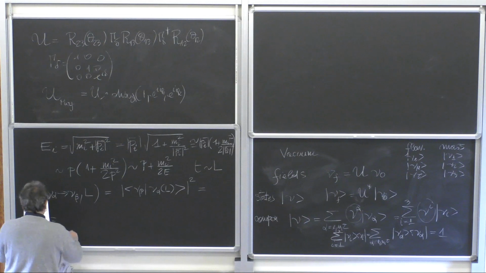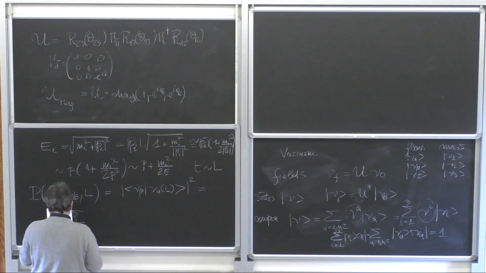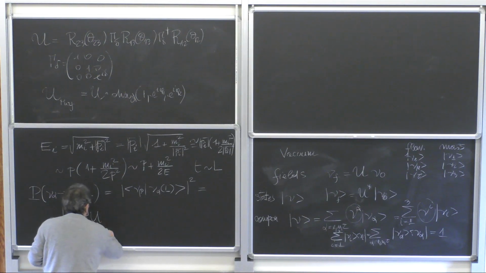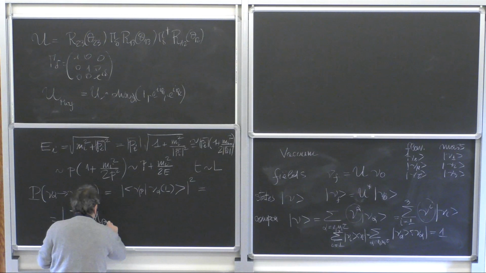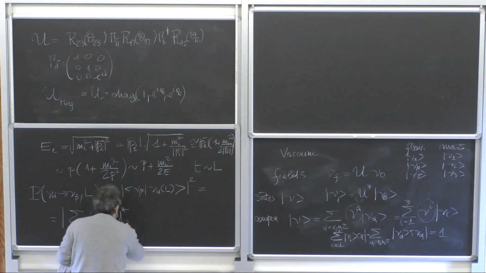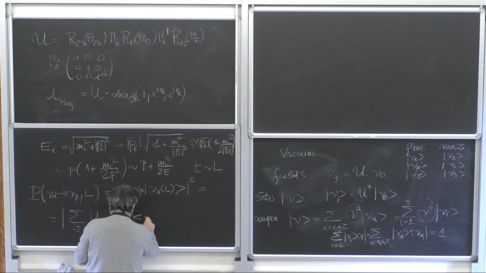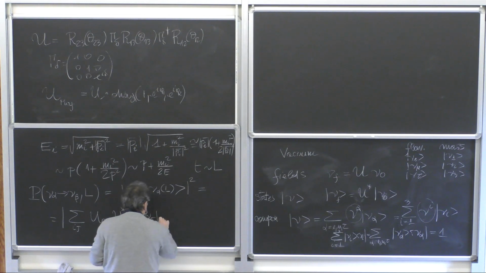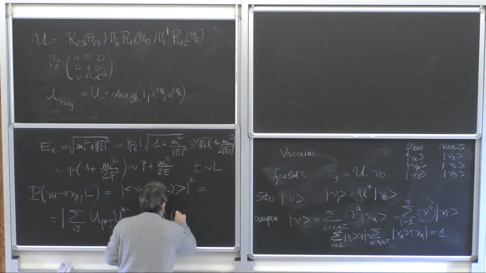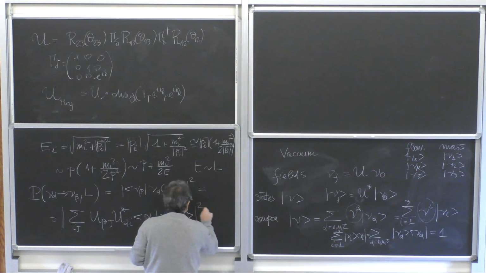So we can write this as the sum over i and j of U beta j U star alpha i, nu j nu i at L, modulus squared.